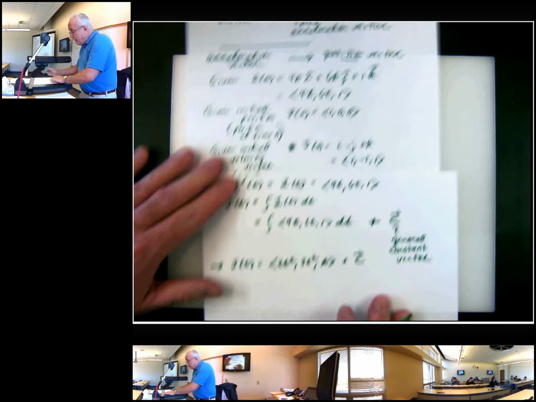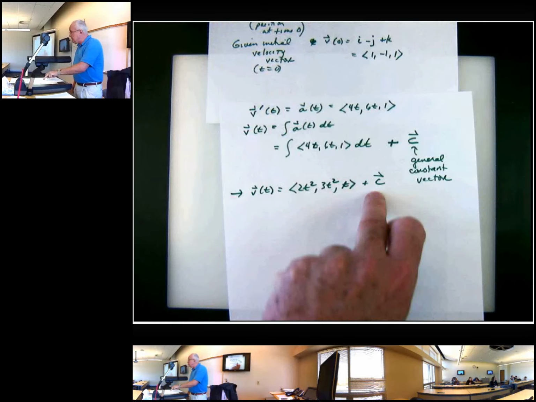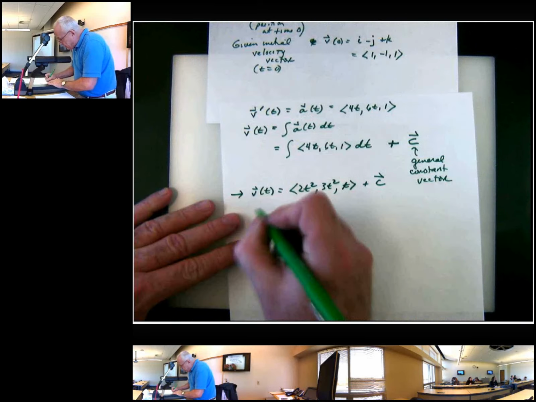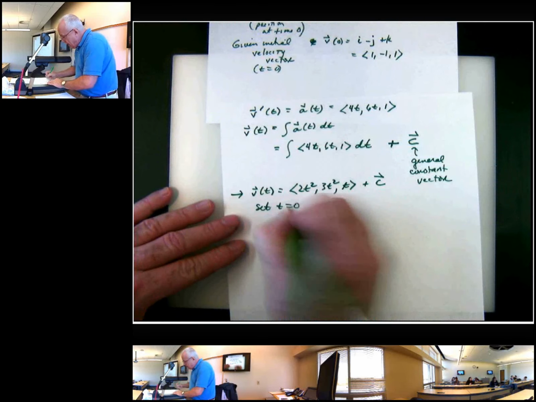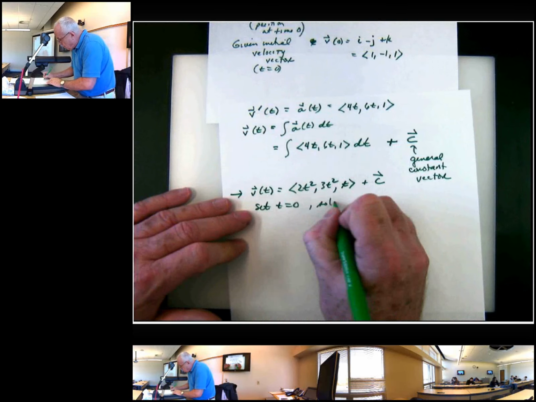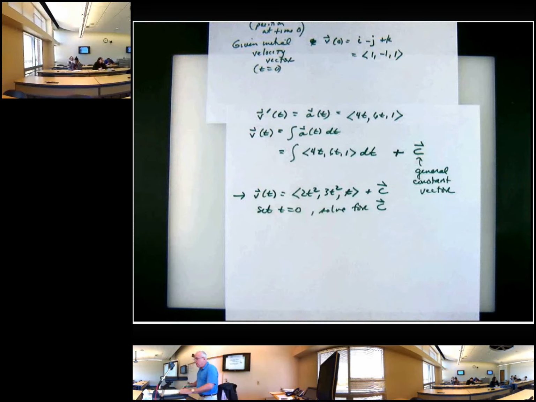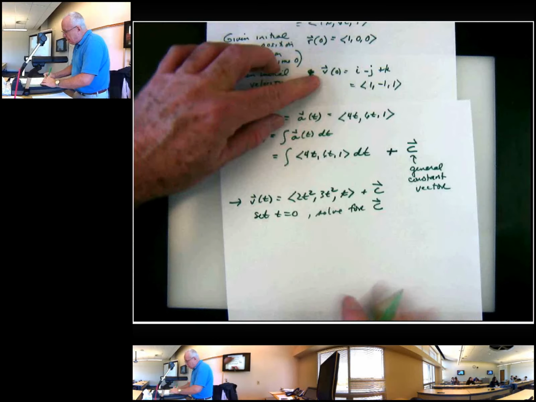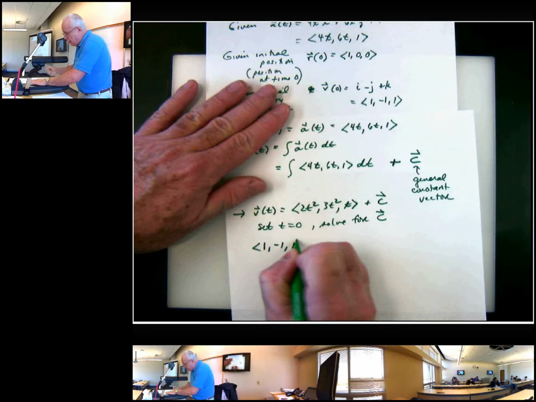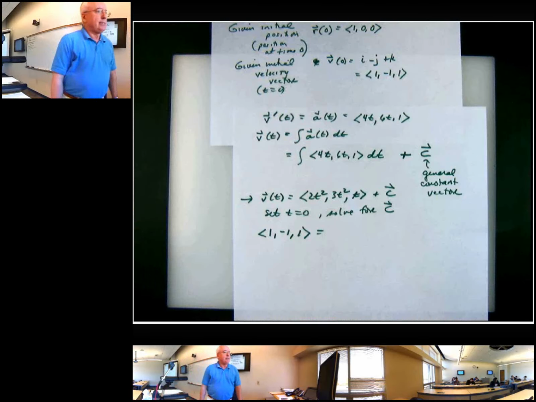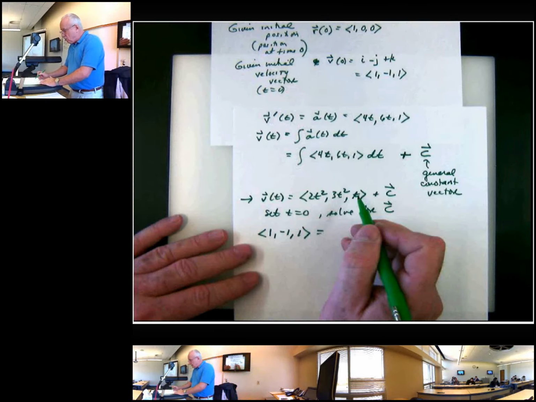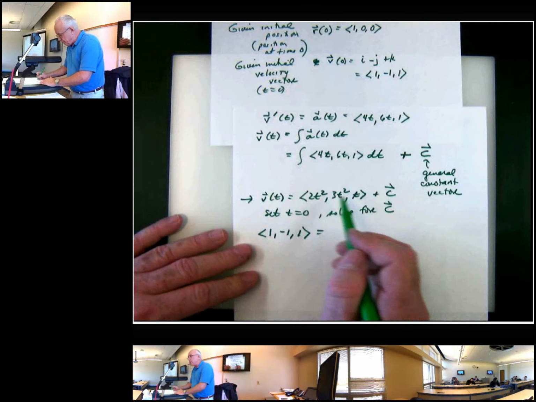So we can then obtain a specific constant vector here. What we do is set t equal to 0, and we can solve for the constant vector. Okay, so that v(0) on the left side, we are told is <1, -1, 1>. So we put that on the left-hand side. And then we plug in t here for all of these components, but they're all going to be 0, 0, and 0.